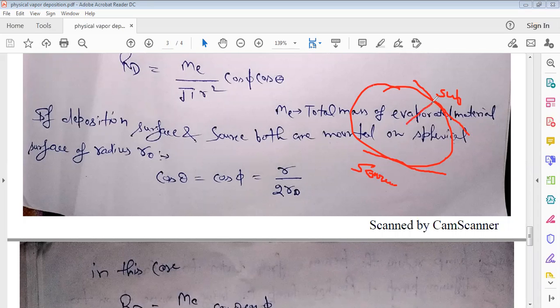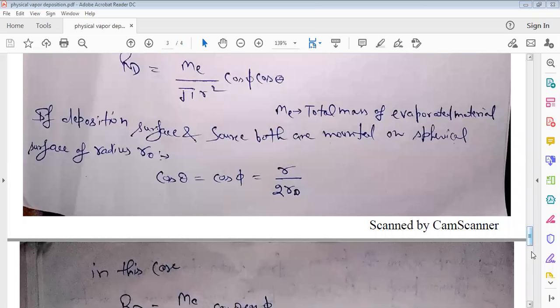The radius of that spherical surface is r naught. This is r naught, this is the center, and this will also be r naught. It is seen that the distance between the source and the substrate is r, and that cos theta will be equal to cos phi, which is equal to r upon 2 r naught.